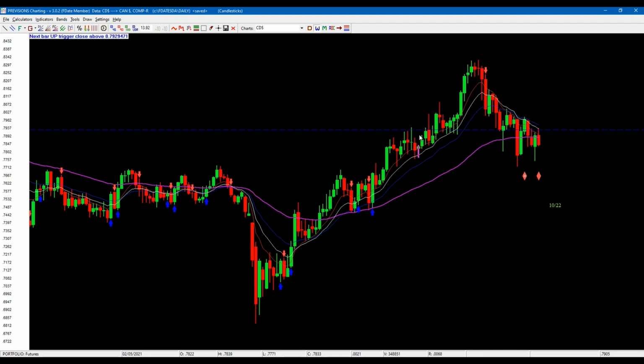bullish. Also, another thing too with this indicator, you can see right here this red down arrow was an indication that we were going into a bearish move. Again, this is a trigger indicator that is part of my software. You can see it's clicked on right here, trigger indicator.